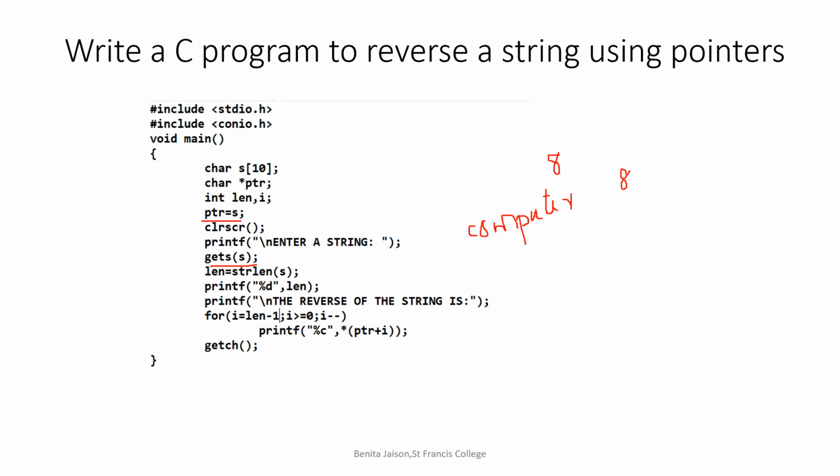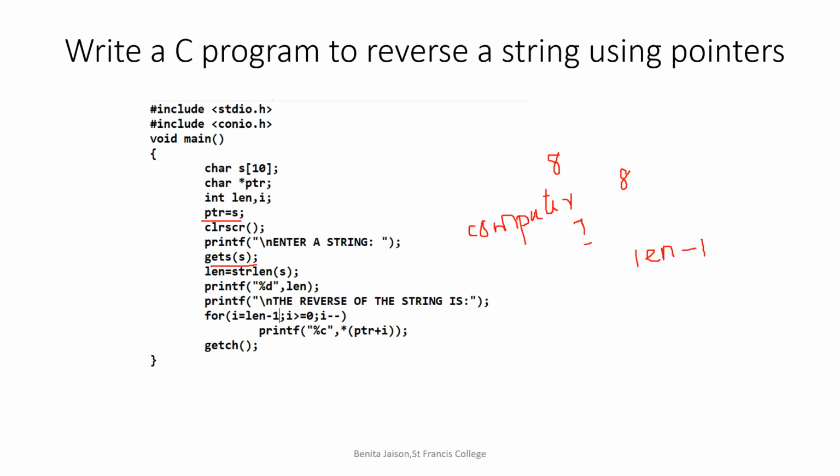So here, as the length is 8, the position of the last character will be 8 and the index number of the last character will be 7. So it is nothing but length minus 1. We have the length of the string in the variable called len. If you subtract 1 from that, we will get the index of the last character.